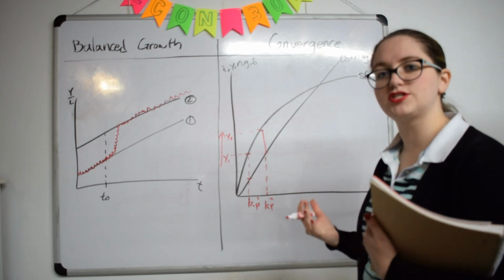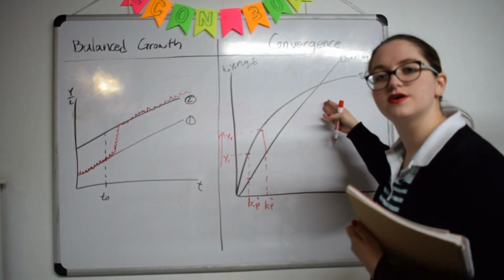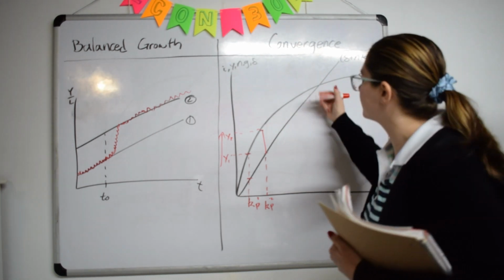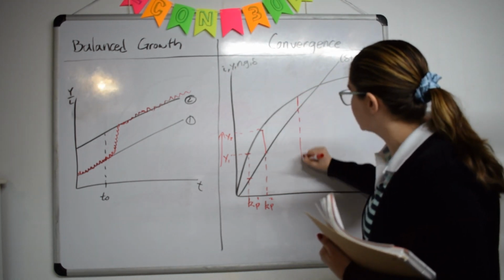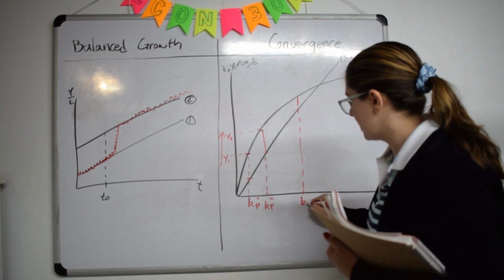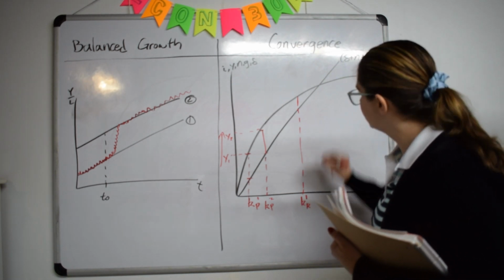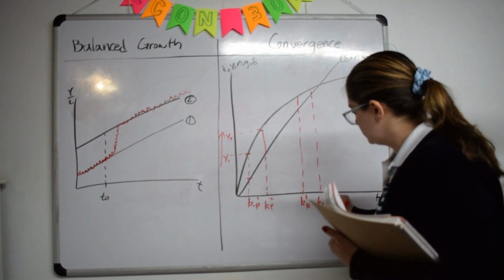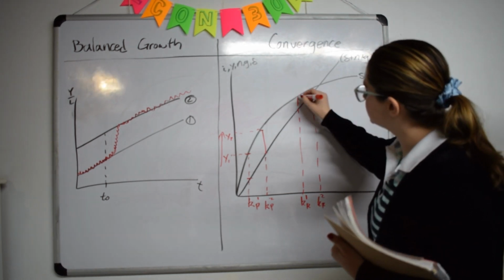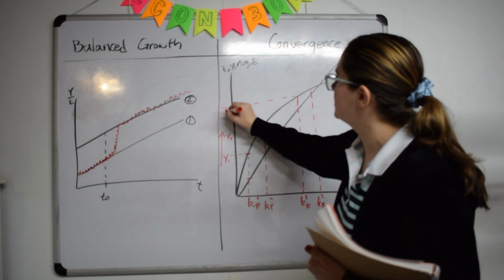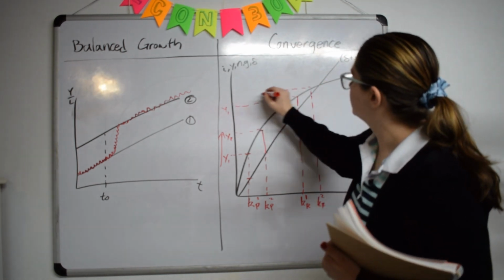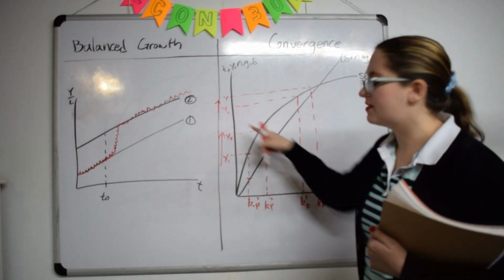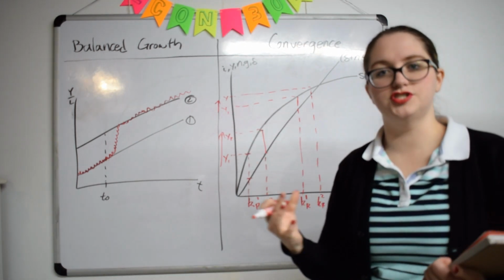But if we look at the rich countries, which are closer to having an equilibrium or being at the steady state equilibrium, and we give them the same amount of capital, KR1, and the same amount to KR2, we can see that the increase in output for the rich countries only changes a tiny bit, but for the poor countries there's a large jump.